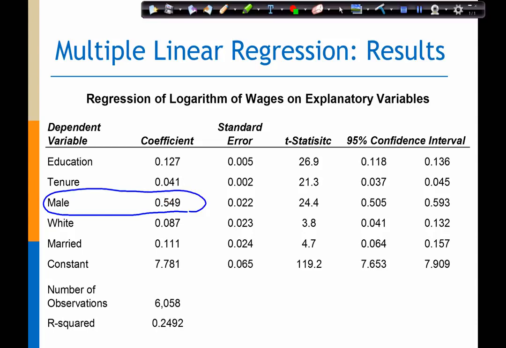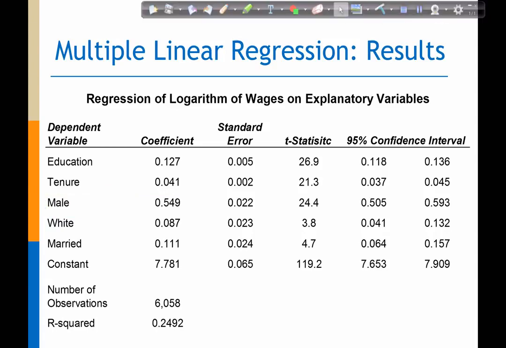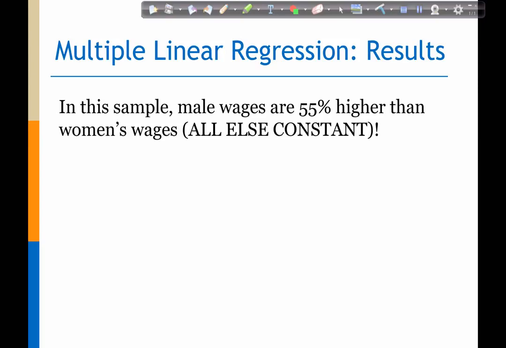It is 0.549. So the way to interpret it is as follows. Males earn 55% more than females, holding all these other variables constant.